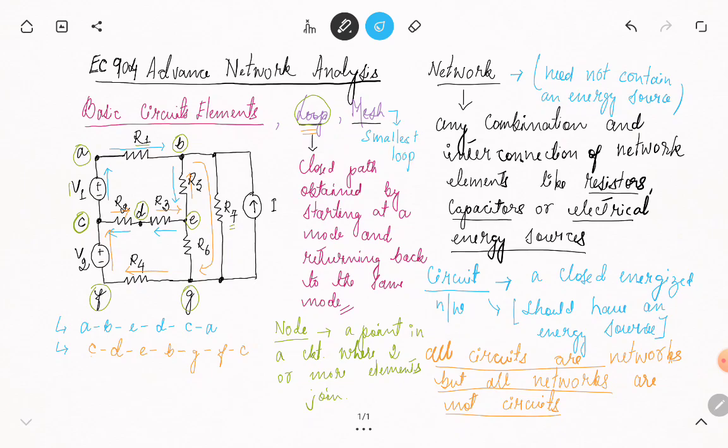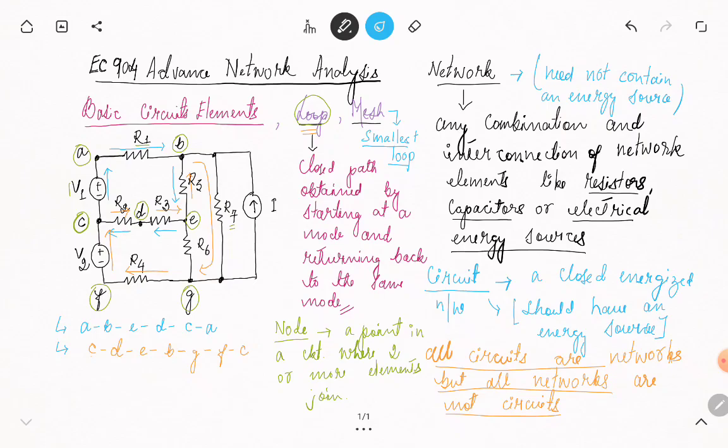When we say smallest loop, we mean that it does not contain any other loop. A loop inside a loop is not possible in a mesh, whereas in the case of a loop, there can be a smaller loop inside a bigger loop. But a mesh cannot contain any other loop within it. So in other words, a mesh is the smallest loop.